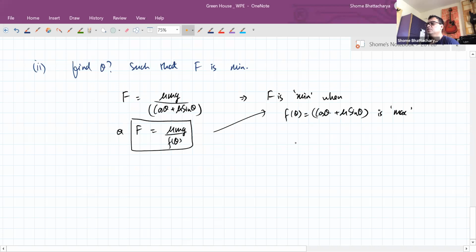Now from trigonometry, you can use this trick that we had seen before.